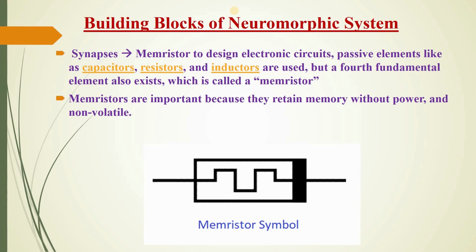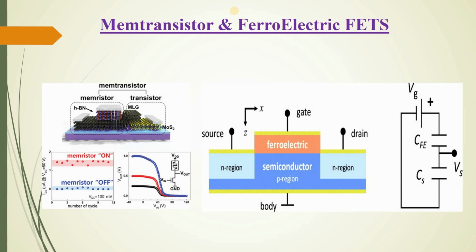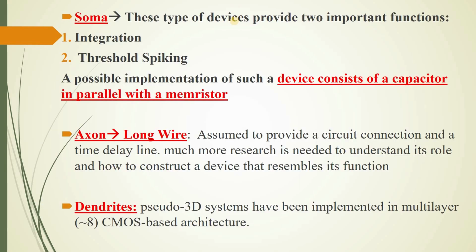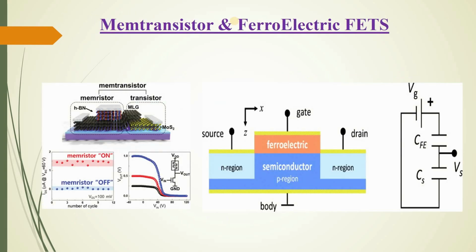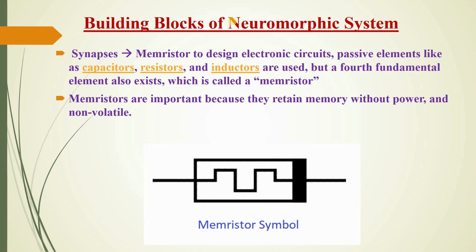Generally, resistors, inductors, and capacitors are not used to build this type of architecture. So we are using something new called a memristor. We are using memtransistors, ferroelectric FETs, flash memories, and 3D CMOS structures like that. We are using some new concepts or new blocks.